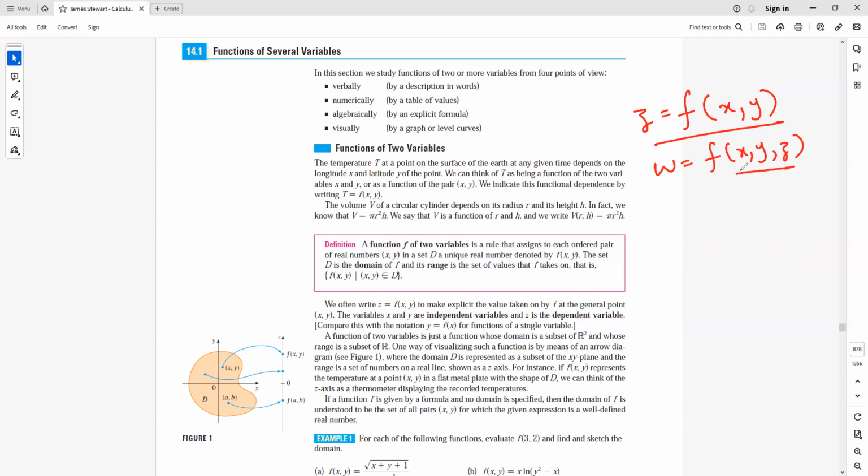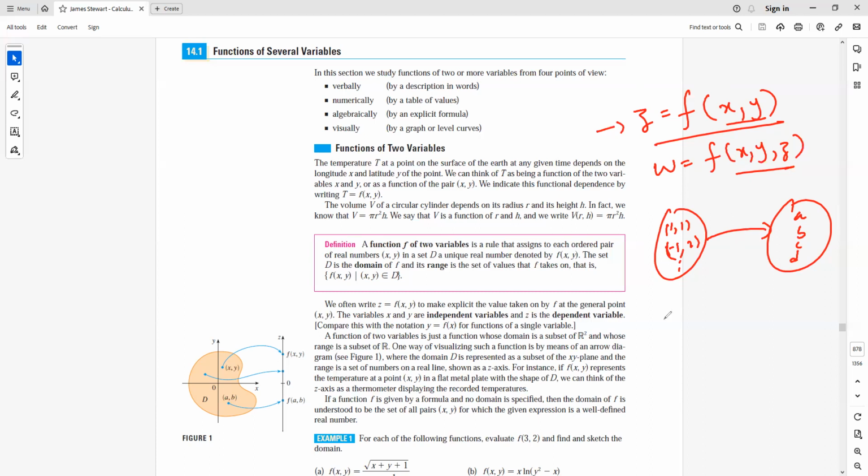So here we have three independent variables, here we have two, and the function maps an ordered pair x comma y, let's say 1 comma 1, negative 1 comma 2, and so on, to a set whose elements may be like a b c d or 1 2 3 4, right?